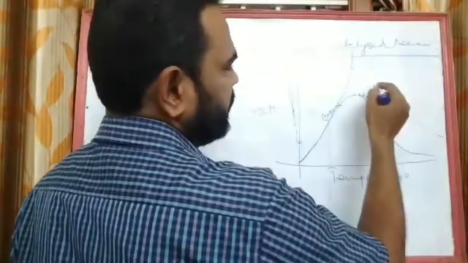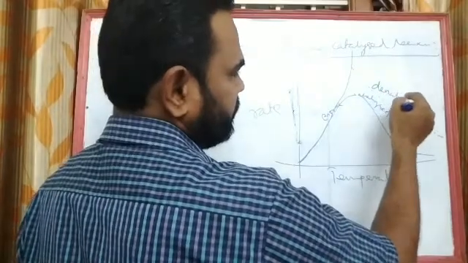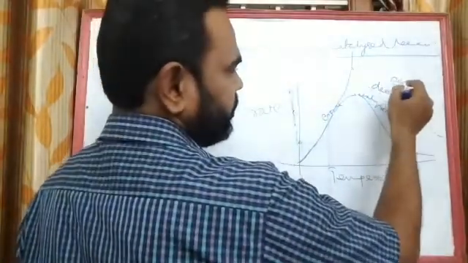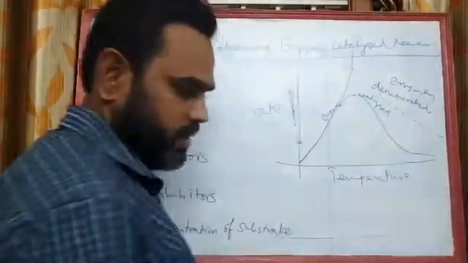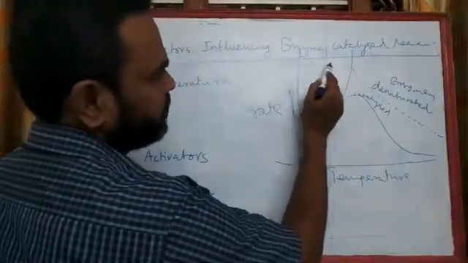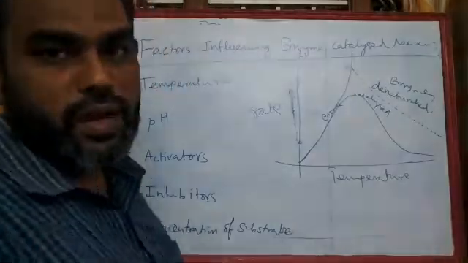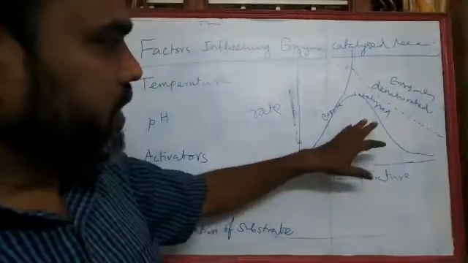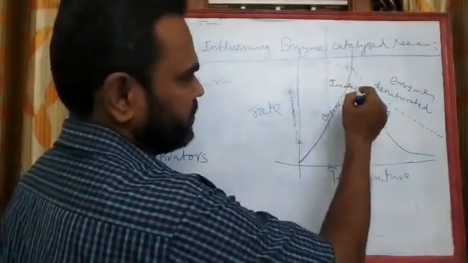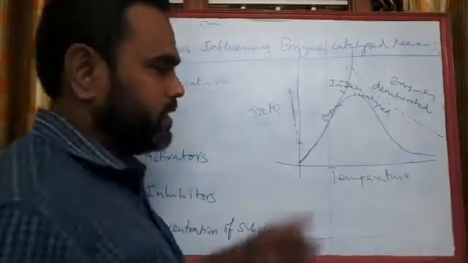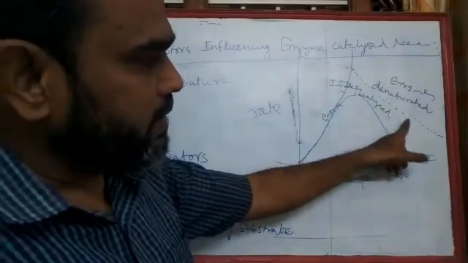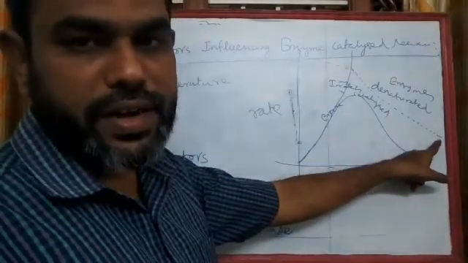This is enzyme denaturation. Okay, the reaction falls like this. So look at this, the three different conditions. This is an inorganic catalyzed reaction. This is an enzyme catalyzed reaction. This is an enzyme catalyzed reaction in the denatured condition.